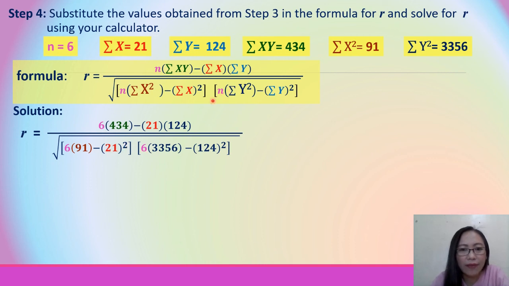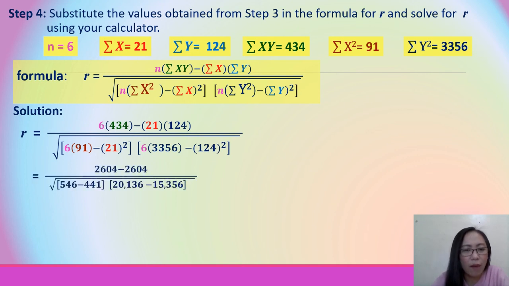And then again N, which is 6, times the summation of Y squared, 3,356, minus the summation of Y, 124, and then we square.